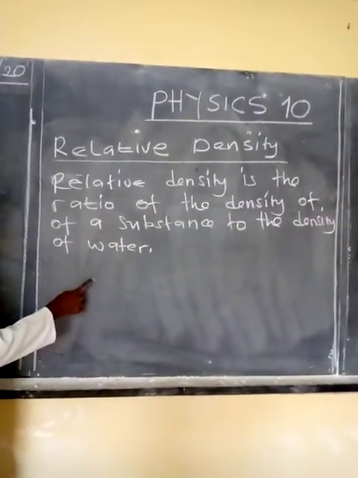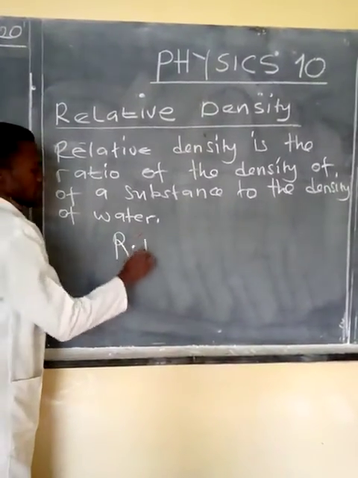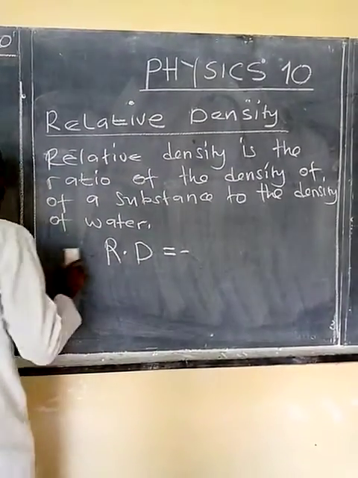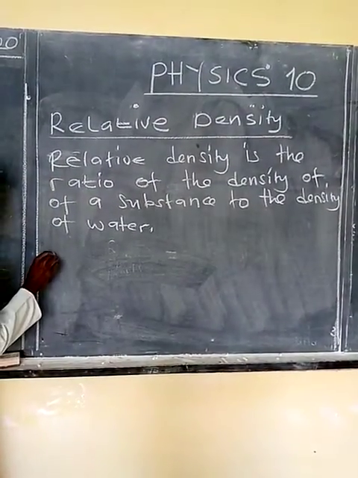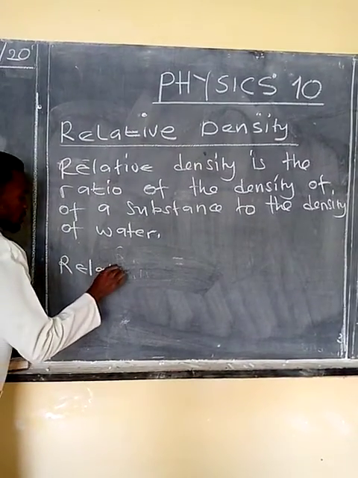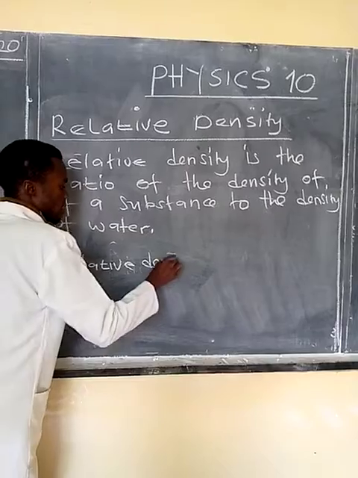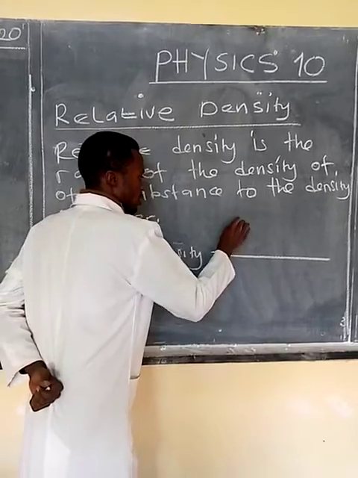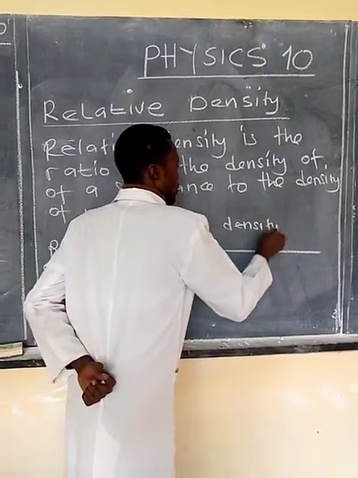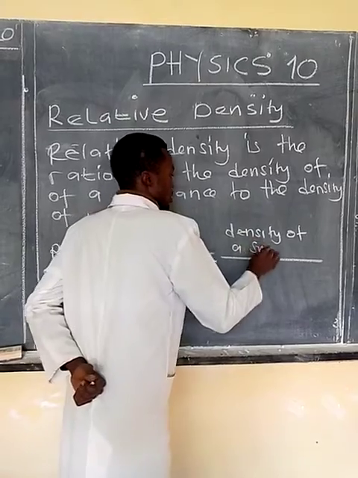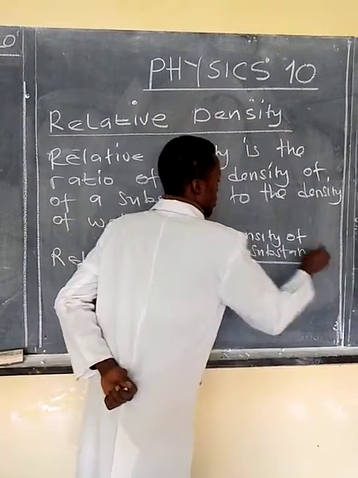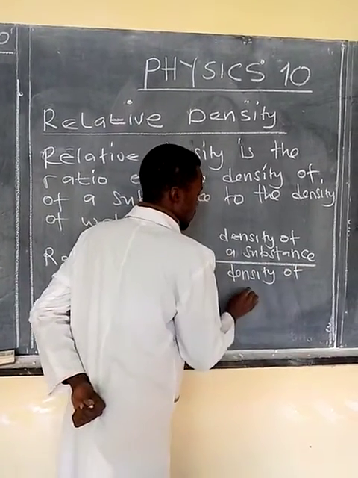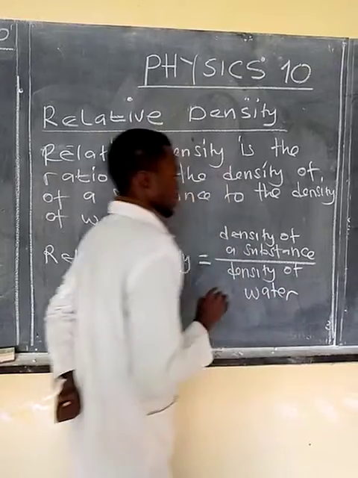So for short, what you're trying to say is relative density is equal to, let me just write it in words. Relative density is equal to density of a substance over density of water.